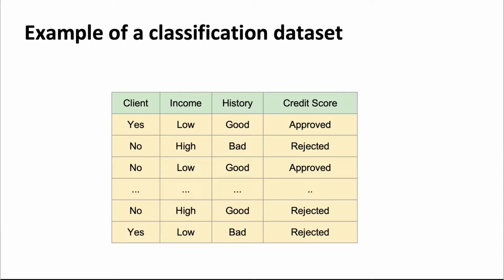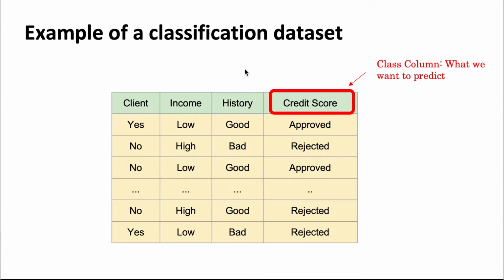So here we have a classification toy dataset. In general, all the columns but the last one describe or define some variable that describes a specific data case, okay? And the last column usually is used to represent the class column, or in other words, what we want to learn to predict. So in this example, we have people that have three variables to describe them.